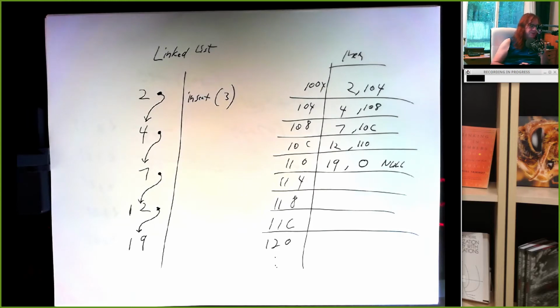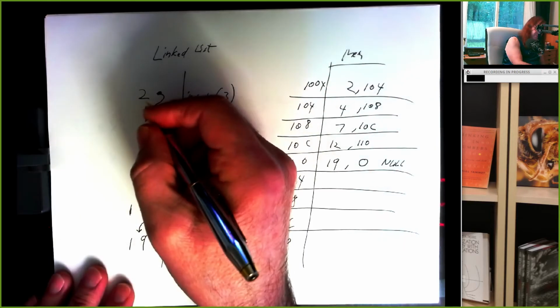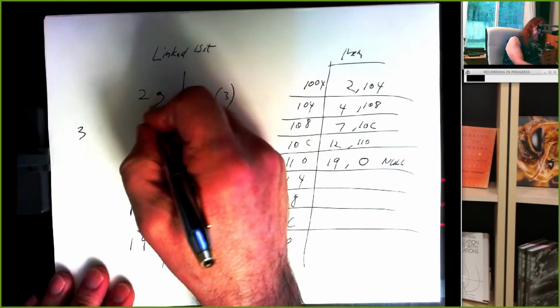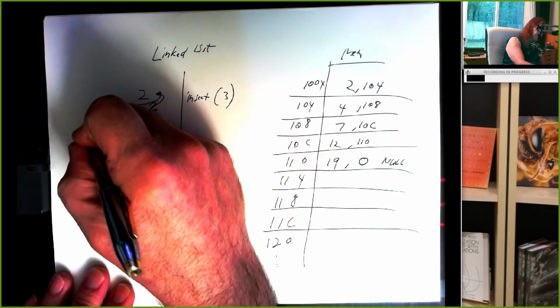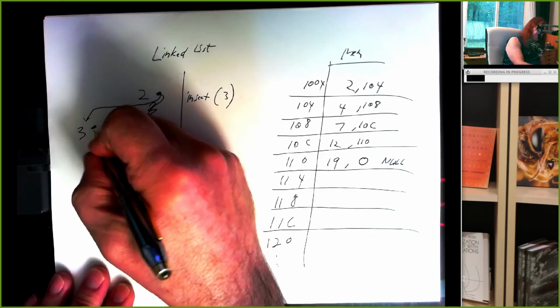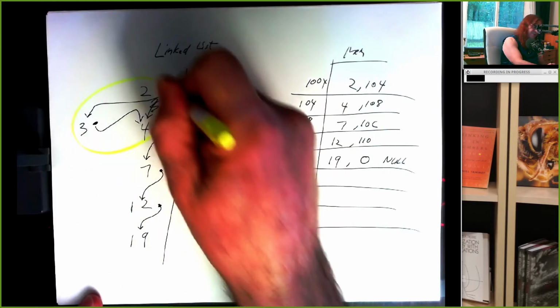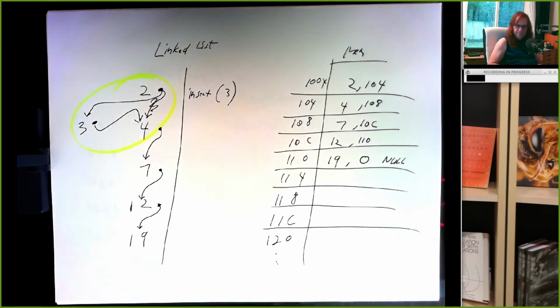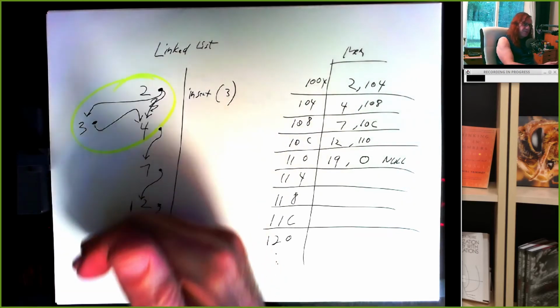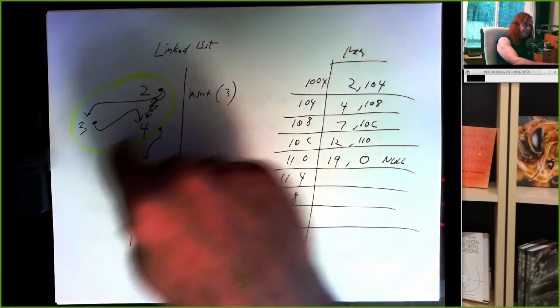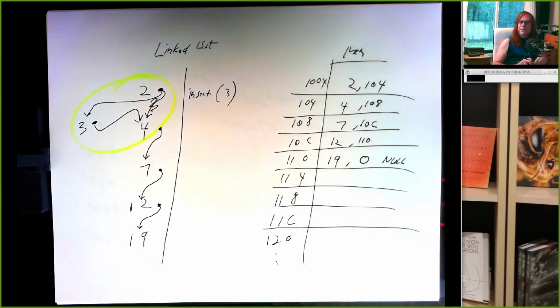What we really want is we want our 2 to point to a 3. And we want 3 to point to the 4. And so even though we have all of this stuff in our list, all we've got to do is make a change right up here. It doesn't matter if there's a million numbers down here. Just have to make a little change up here in this part of the array.